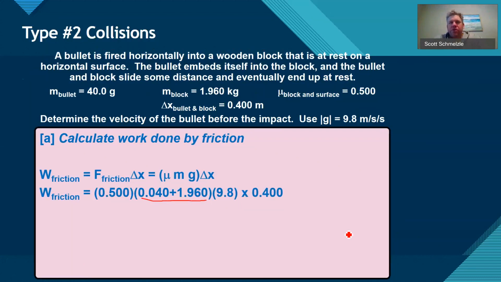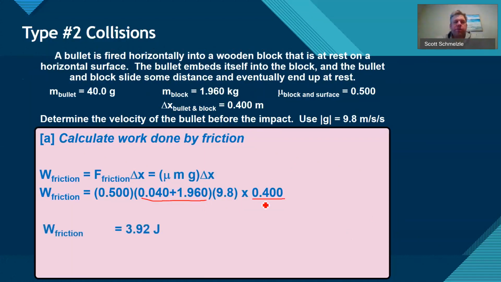So my gravity is measured in meters per second squared, and in order to adjust everything, we have to have kilograms, okay? So we take 0.5 times (0.04 plus 1.96) times 9.8, and then the back end here, that is my distance, right? That's my delta x, delta d, whichever way you want to look at it, okay?